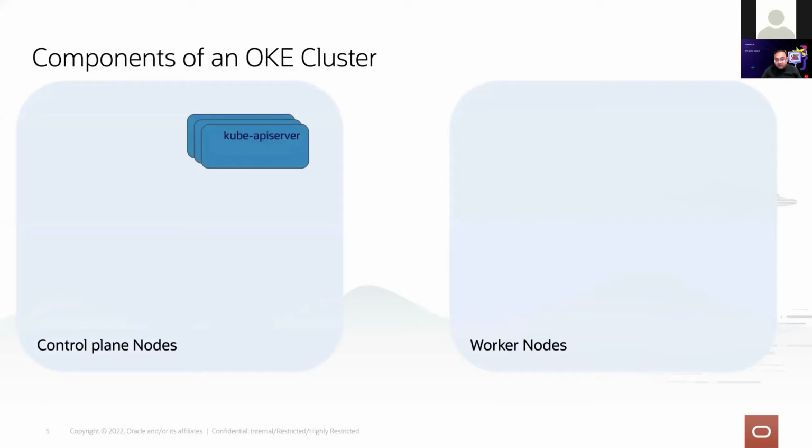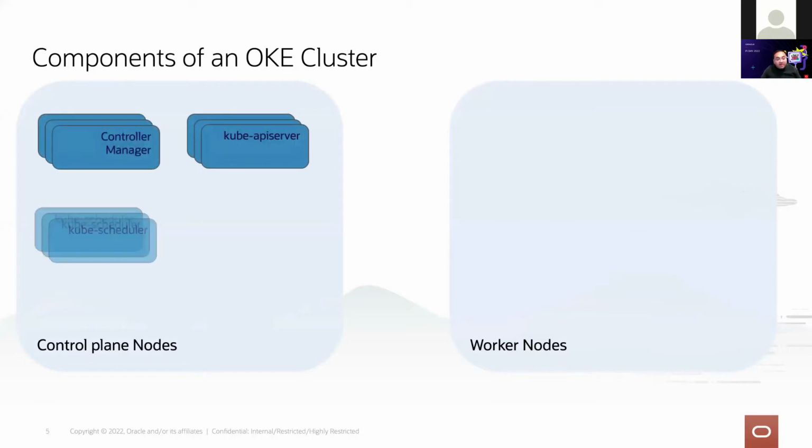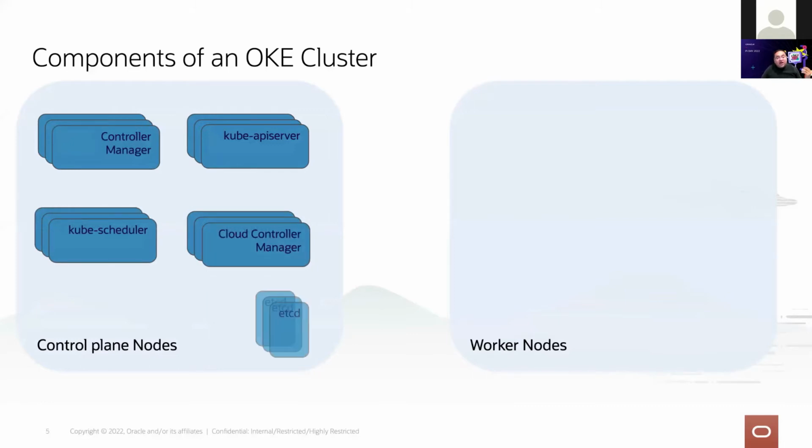That includes the API server, the scheduler, the cloud controller manager, the etcd cluster, and several other Kubernetes administrative components, right? These are all pretty much upstream Kubernetes, just standard Kubernetes. It's just that a cloud vendor, Oracle in this case, manages the installation and maintenance of all these components, right?